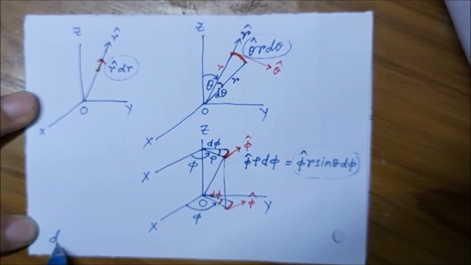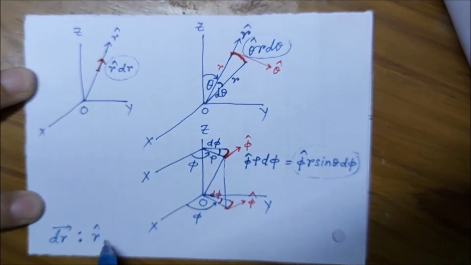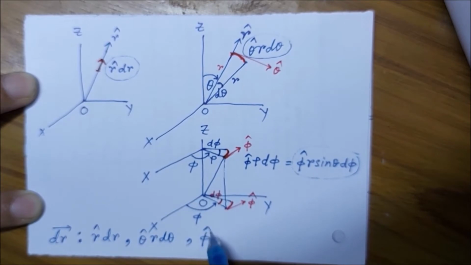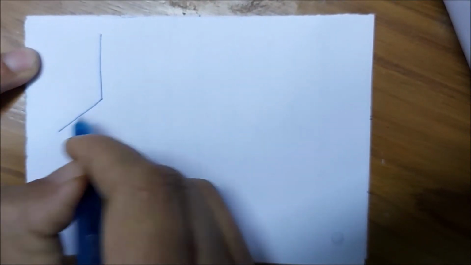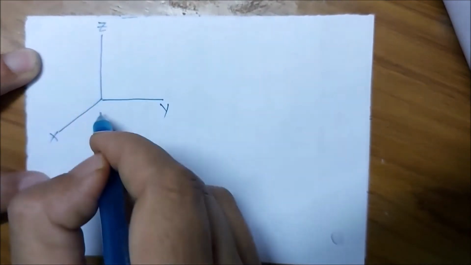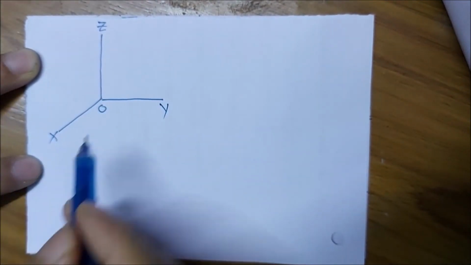Let us write them at one place. So dr can be r cap dr, it can be theta cap r d theta, or it can be phi cap r sine theta d phi. Now come to cylindrical polar coordinate system. These are the axes, this is the origin.